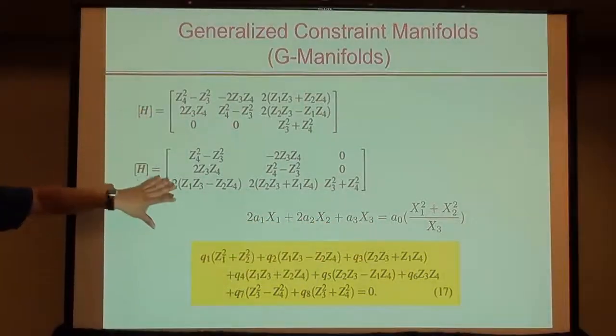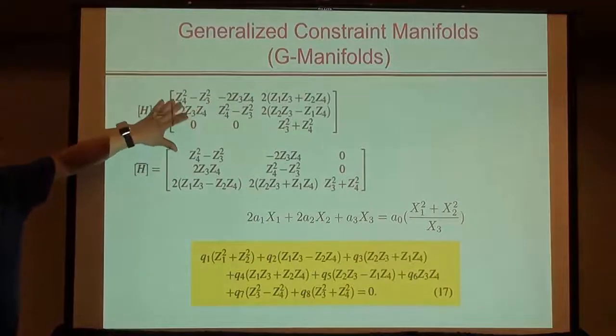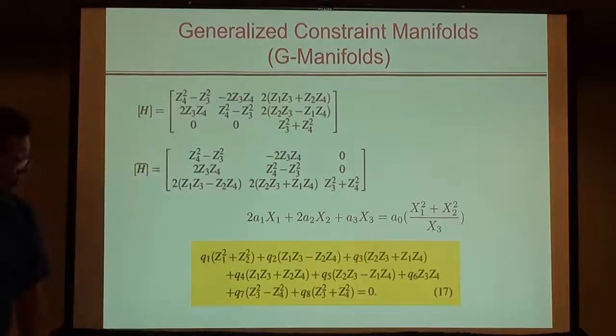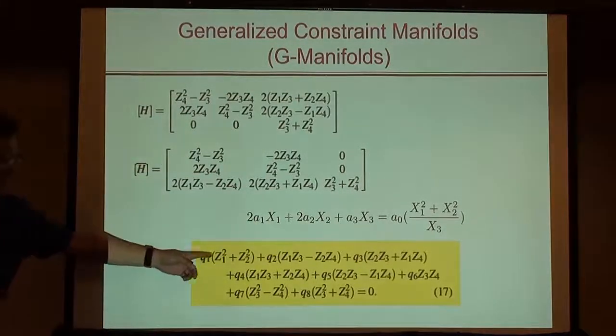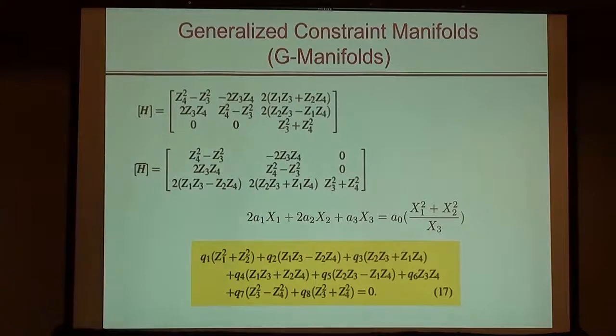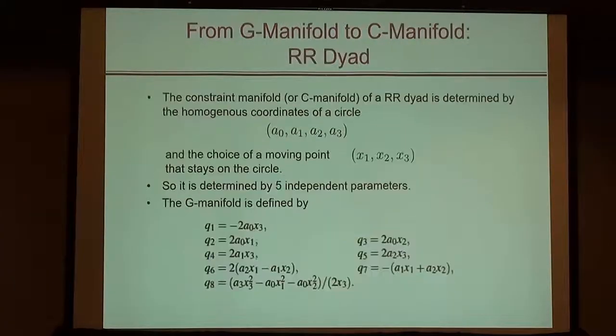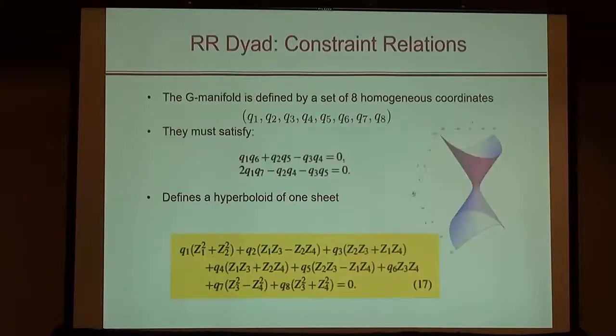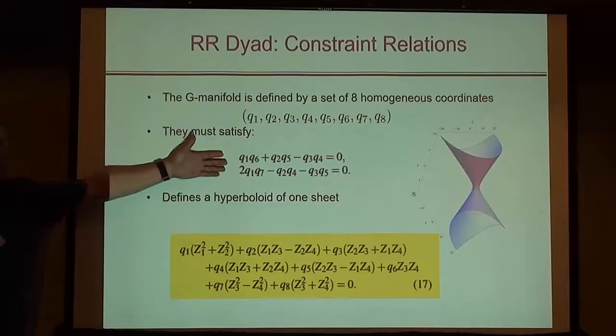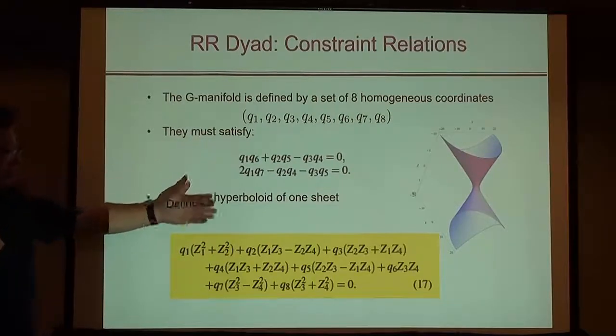Then we substitute this quaternion representation there, and we get this quadratic form. I'm going to run through this. In the end, we have a quadratic form which is fairly general, and then two additional constraints.